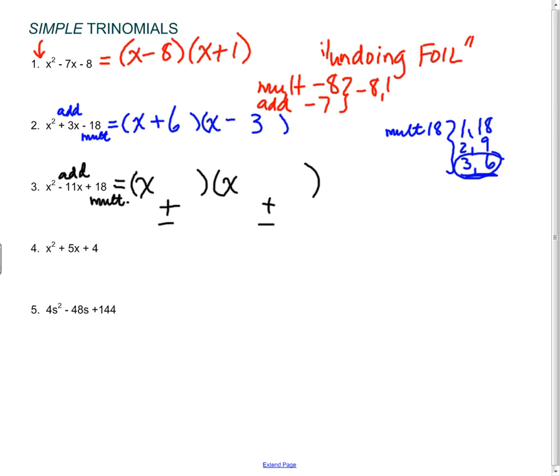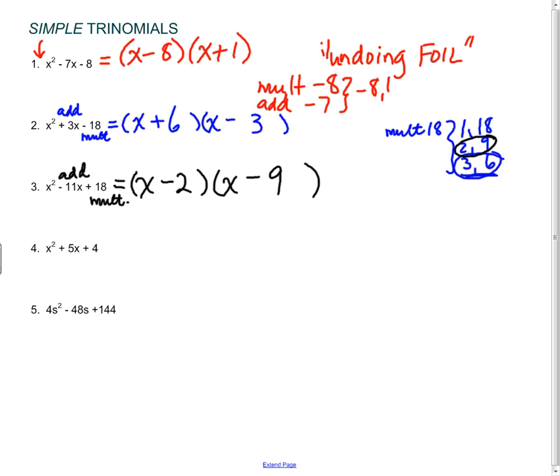Which should it be if I'm adding to negative 11? Well, they're going to have to both be negative numbers. So now I have to determine what those numbers are. What multiplies to 18? Well, we happen to have a list already, and one of those pairs that have the same sign will add to 11, the 2 and the 9. Check. Do your numbers multiply to positive 18? Yes. And add to negative 11.